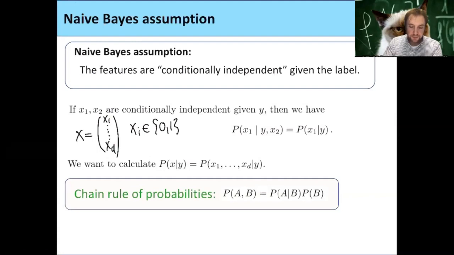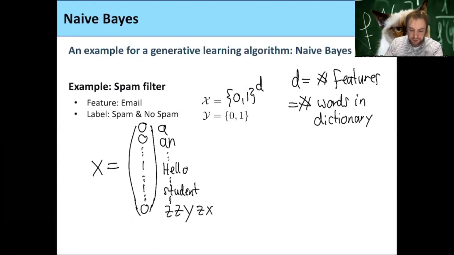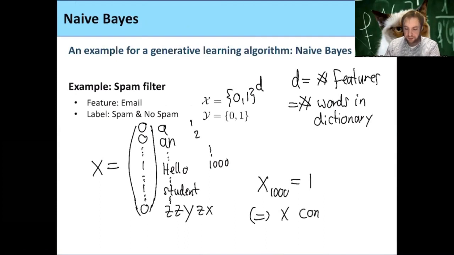And if at position 1000 I have the word hello, let's say I have a dictionary with words 1, 2, and at position 1000 I have the word hello, then x1000 equals 1. This means x contains the word hello.